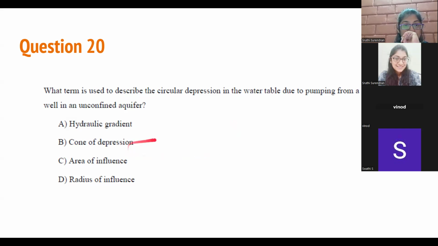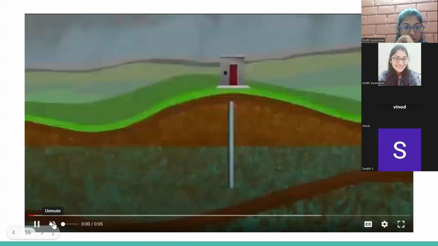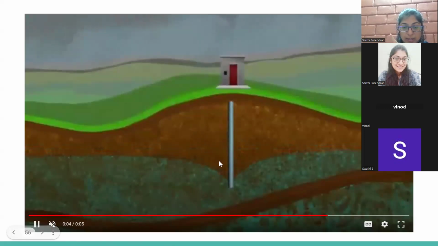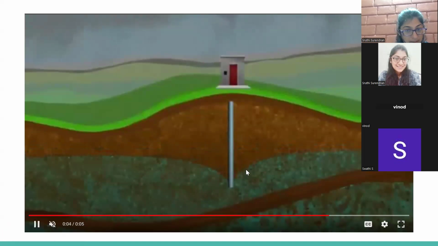So if you see here, what you can see is when pumping happens, the water is going to follow this curve within the aquifer.